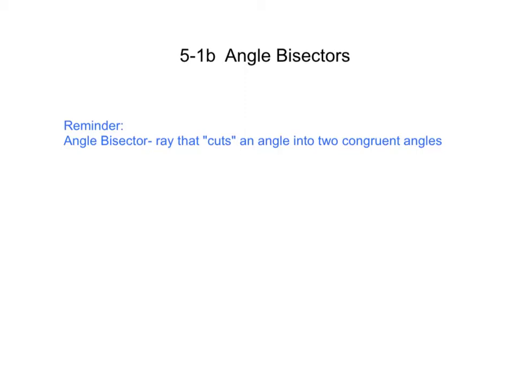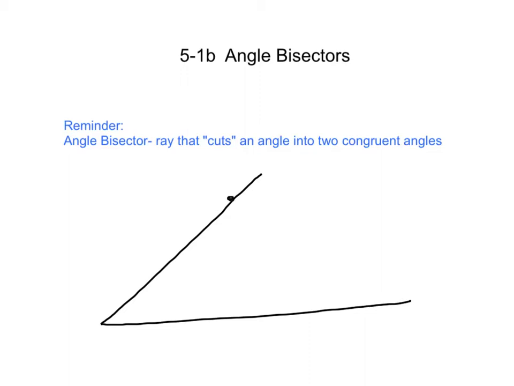Actually looking at what that might look like, let's say we have an angle. Let's call it angle A, B, C. If we were to draw the angle bisector of angle ABC, then it's going to be a ray in the interior, in the middle of the angle.